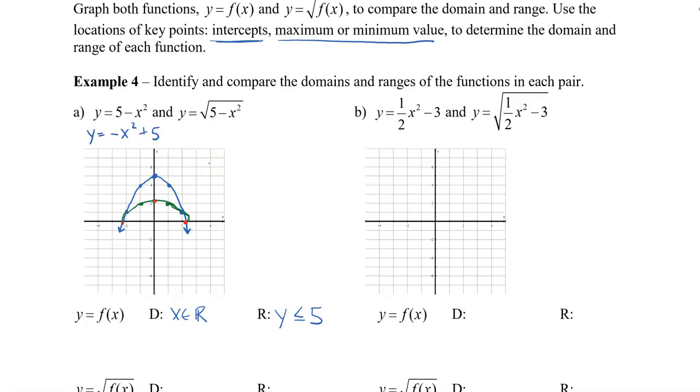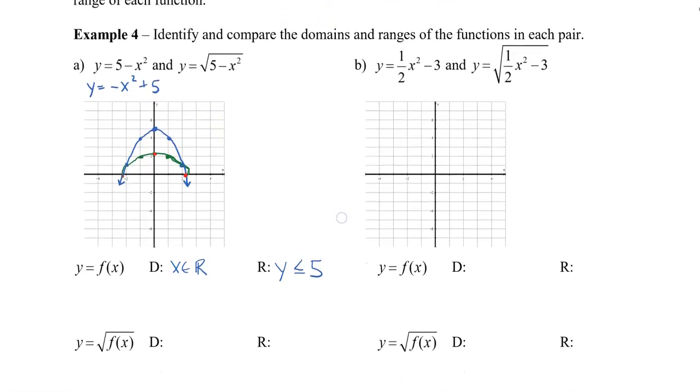So in terms of the domain, we know that it's between these two x-intercepts. So to find these x-intercepts, we know that the y value is 0. So we're going to set the y value to be 0, and that equals 5 minus x squared. So we have x squared equals 5. So x equals plus or minus root 5.